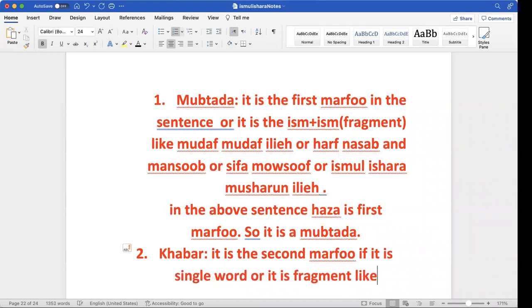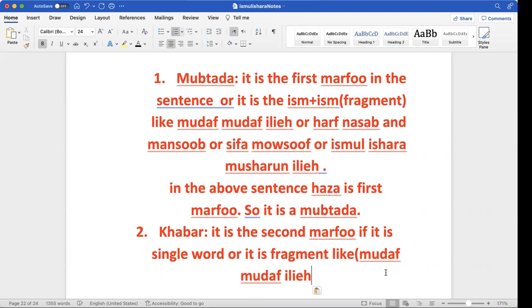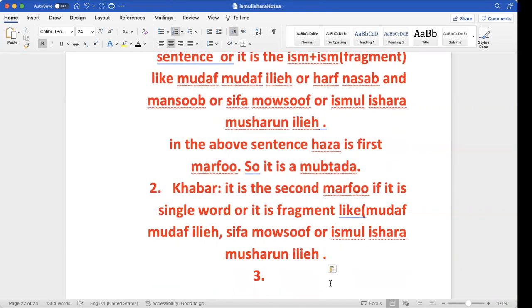Fragment like mudaf ilayh, sifa mawsuf, ism ishara musharun ilayh, not harf nasab and mansub, and jar majrur. Okay.